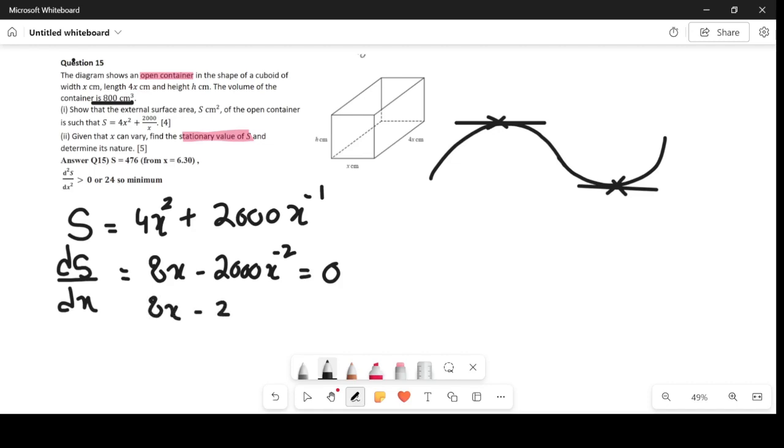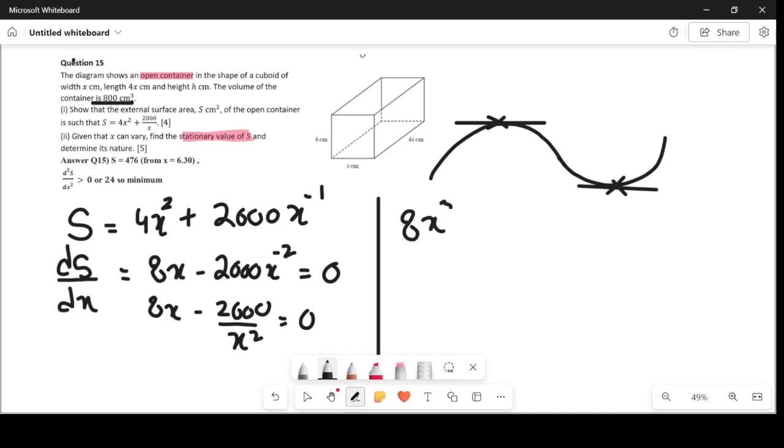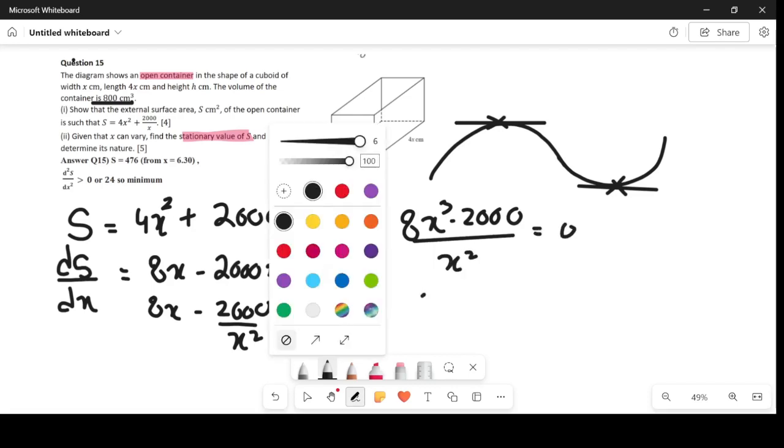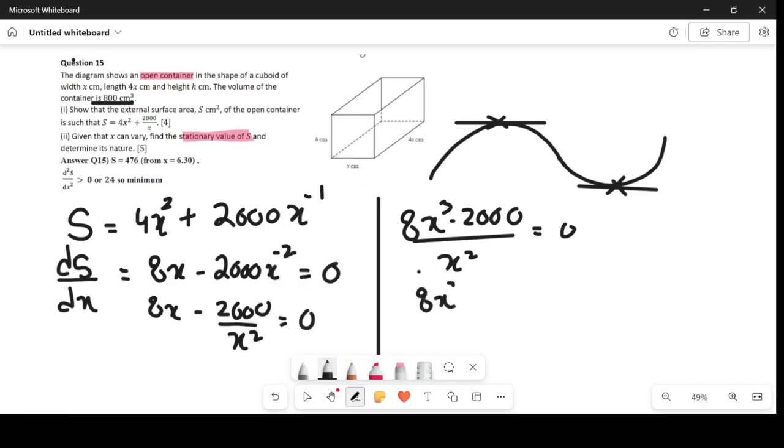8x minus 2000 upon x squared equals 0. That gives us 8x cubed minus 2000 upon x squared equals 0. The 0 and x squared get eliminated, so we have 8x cubed equals 2000, because minus 2000 goes to the other side, and this and this get multiplied and eliminated.